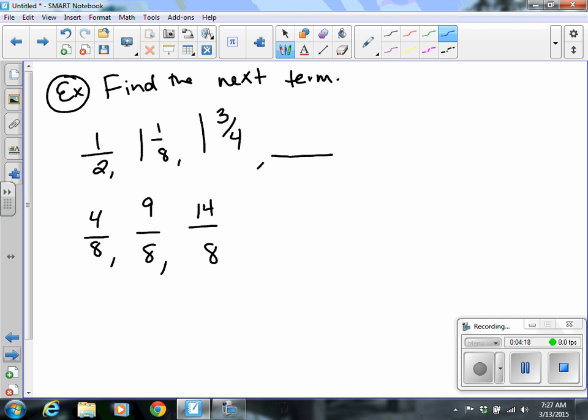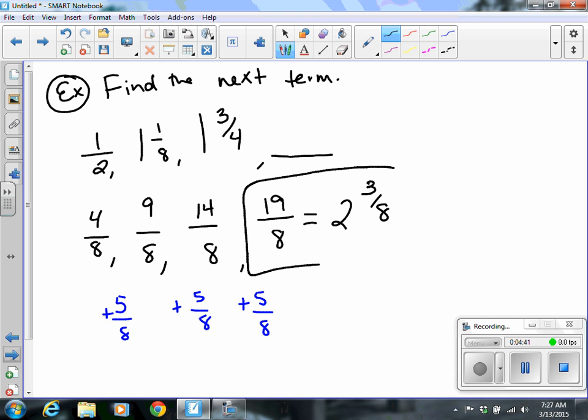If you notice, from 4/8 to 9/8, we're adding 5/8. 9/8 to 14/8, we're adding 5/8. So I'm going to add 5/8 again. So I know that my next term is 19 over 8, which is the same as 2 3/8. All right, moving on.